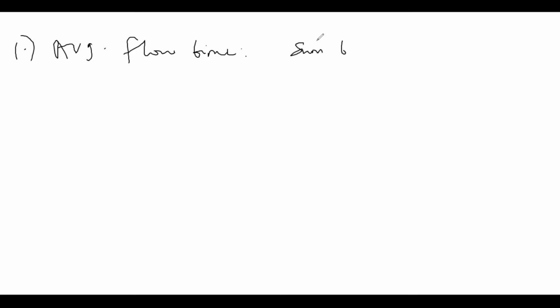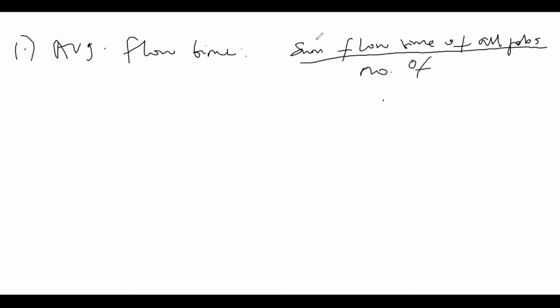I really hope you guys can see my handwriting. Sum flow time of all jobs divided by the number of jobs. So that gives you your average flow time.